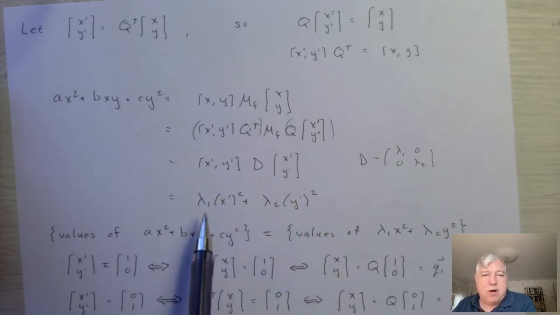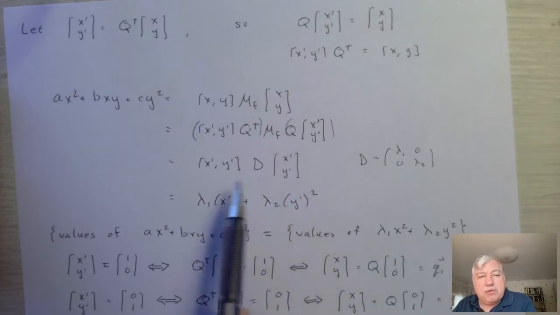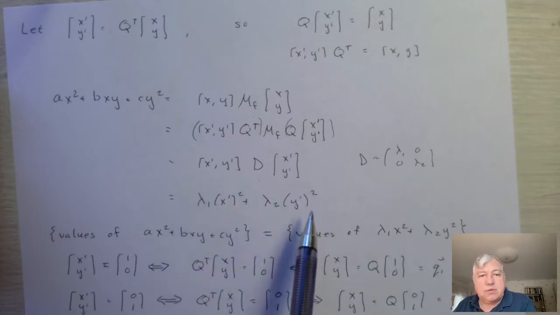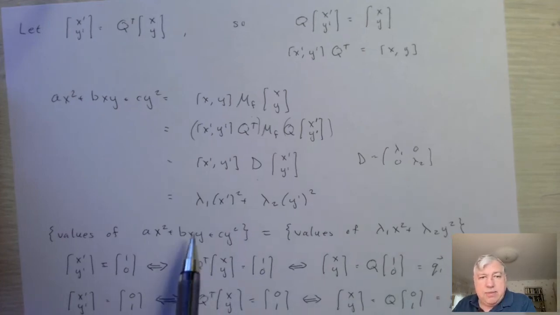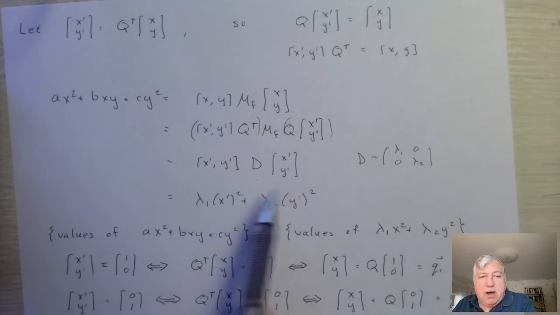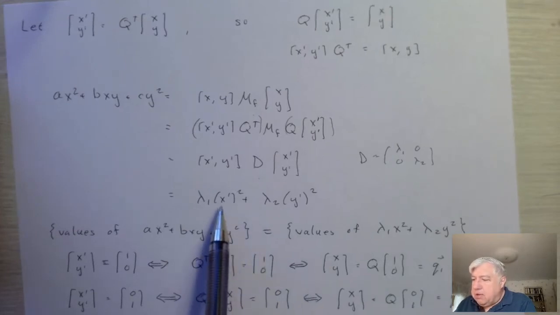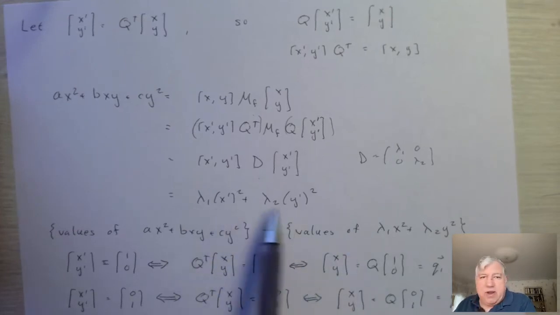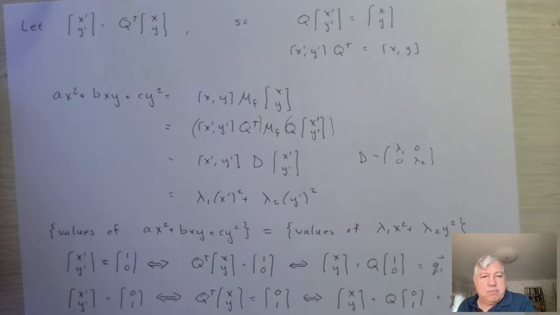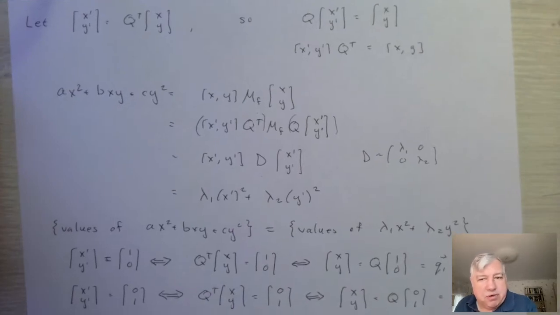And if lambda 1 and lambda 2 are both negative, this will always be negative, except when you're plugging in 0, 0. And of course, if one is positive and one is negative, then sometimes this will be positive, sometimes this will be negative, right? If one of these variables is 0, then it's very easy to see what this will be.